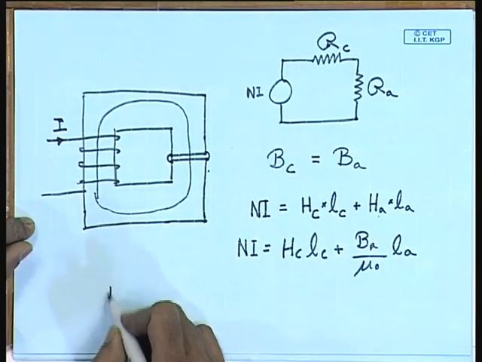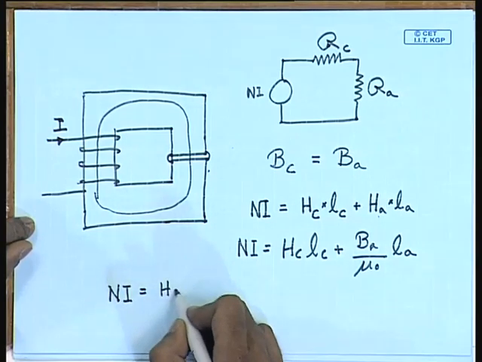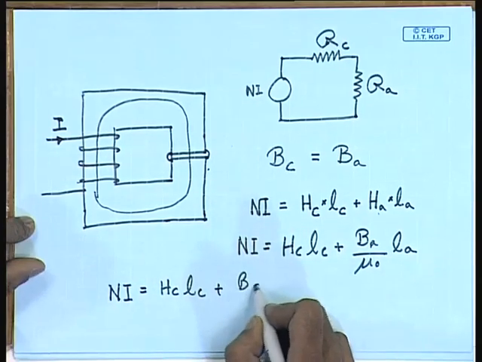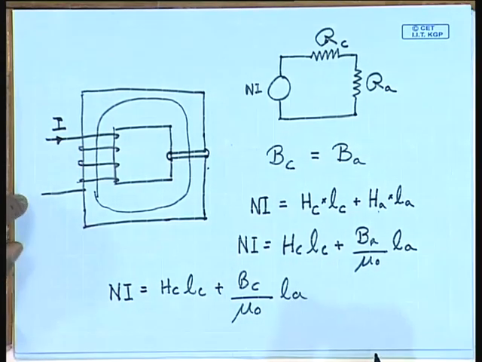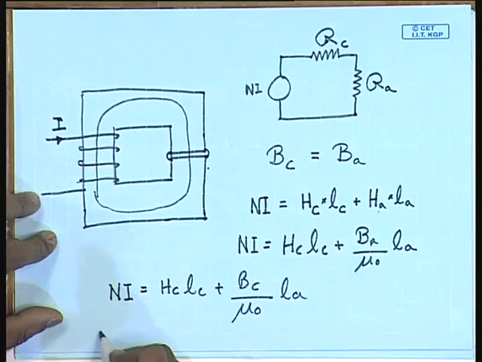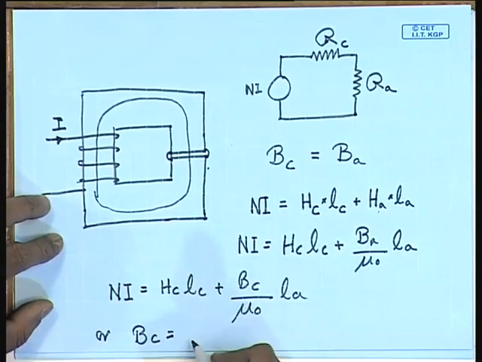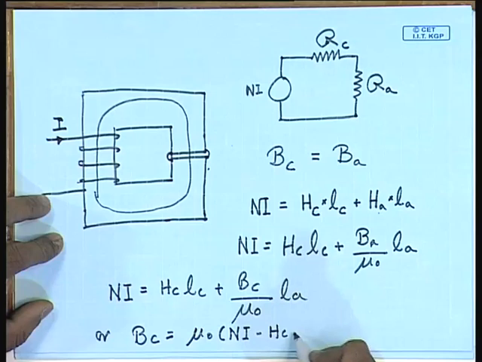Therefore, we can write Ni equal to Hc Lc plus Bc by mu naught La, or Bc equal to mu naught into (Ni minus Hc Lc) by La.